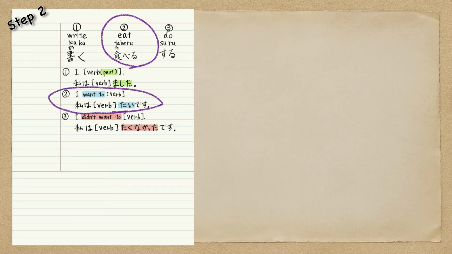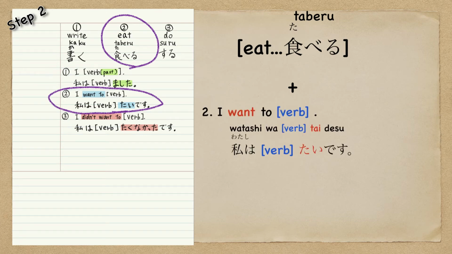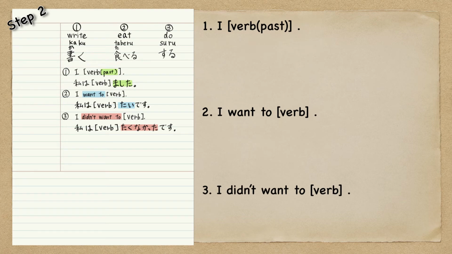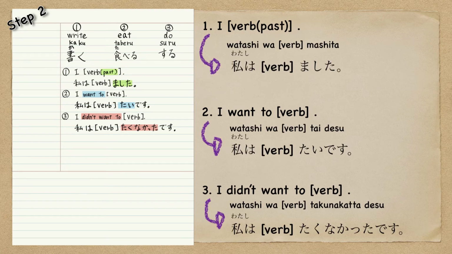I want to verb. 食べる, 私は verb たいです. Put 食べる here. 私は食べるたいです. If you could do this, you memorized these phrases.